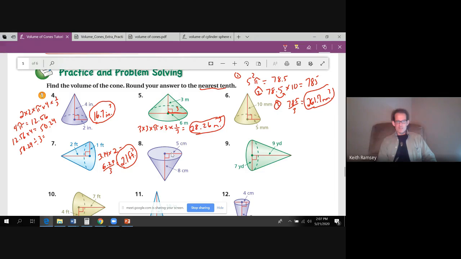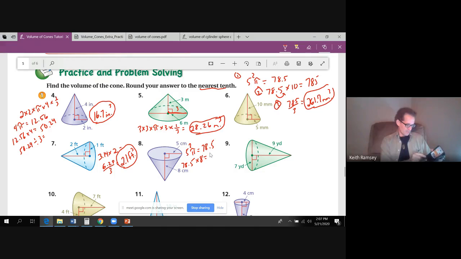Here's number 8. Notice number 8 has got the same radius that we had over here. So we knew 5 times 5 is 25 times pi is 78.5. So I'm just going to do that here. I'm just going to say 5 squared times pi is 78.5. That's step 1. Step 2, multiply that by the height, base times height. So I have 78.5 times 8.